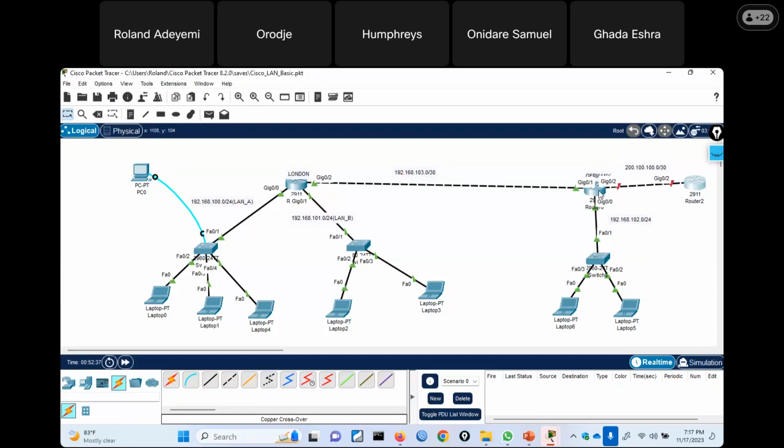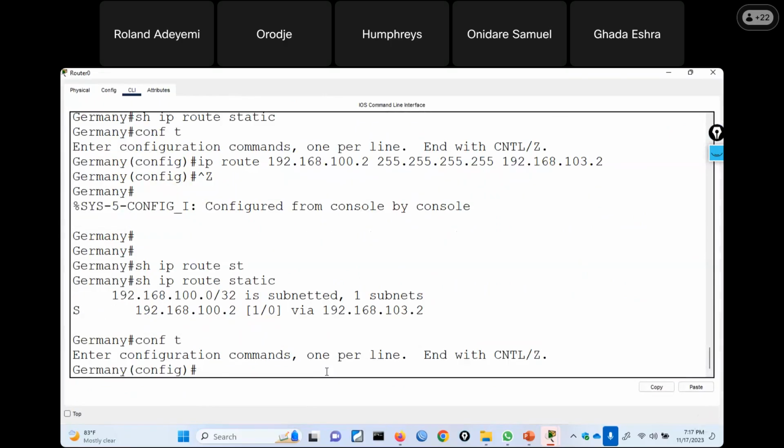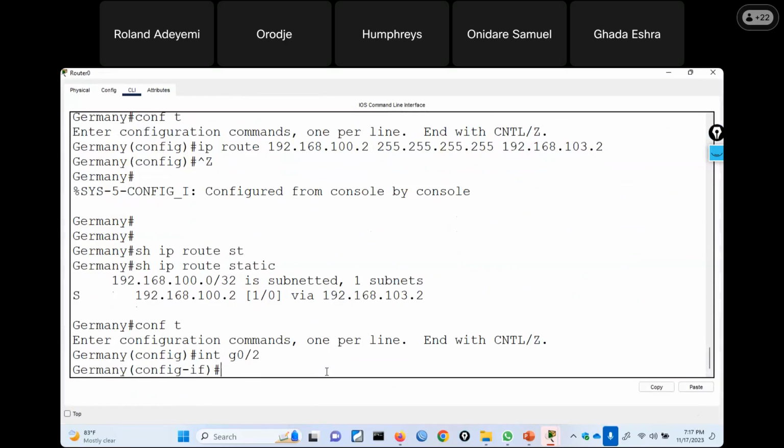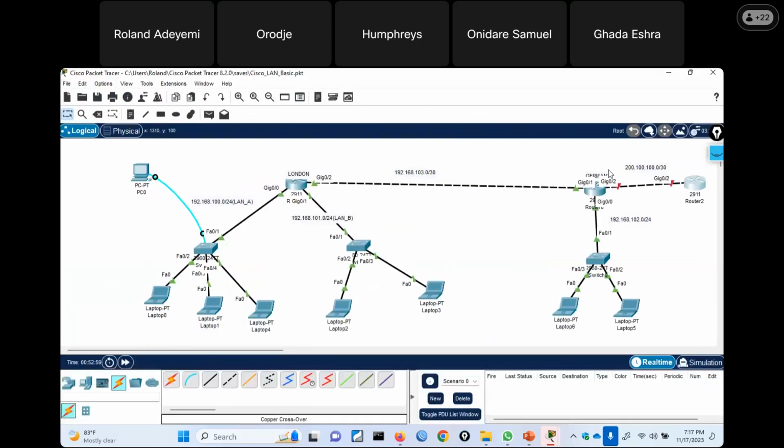So I'll go to my router. Now this is for the internet connection. Then I'll go to the service provider's router.